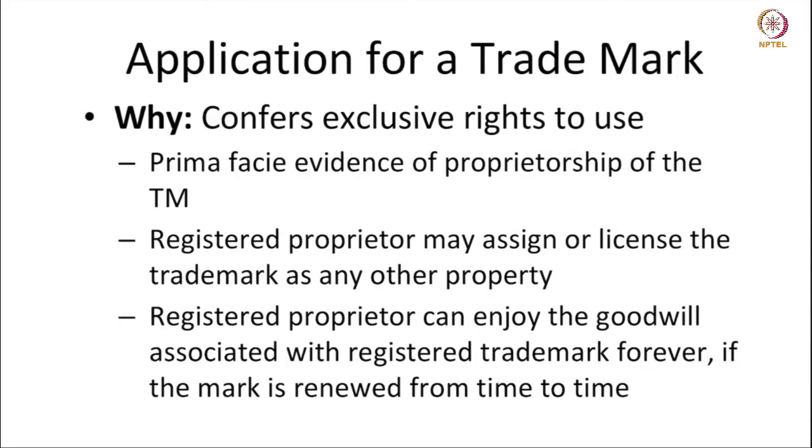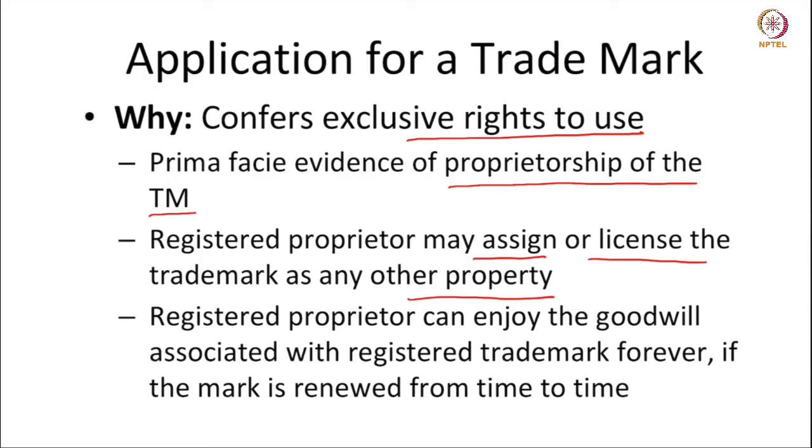Now the trademark confers an exclusive right to use. It's prima facie evidence of proprietorship of the trademark. It's proof of ownership. The registered proprietor may assign or license the trademark as any other property. Now this is a distinguishing feature of intellectual property, that all intellectual property can be assigned or licensed. The registered proprietor can enjoy the goodwill associated with the registered trademark forever if the mark is renewed from time to time.